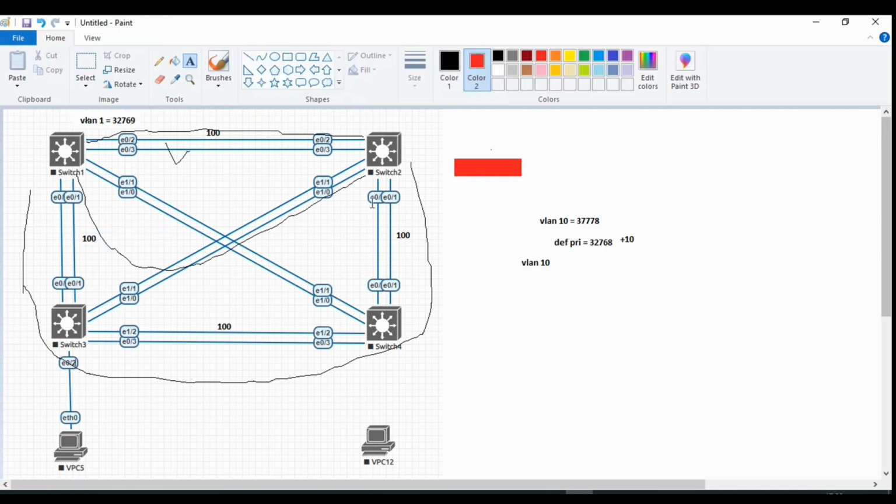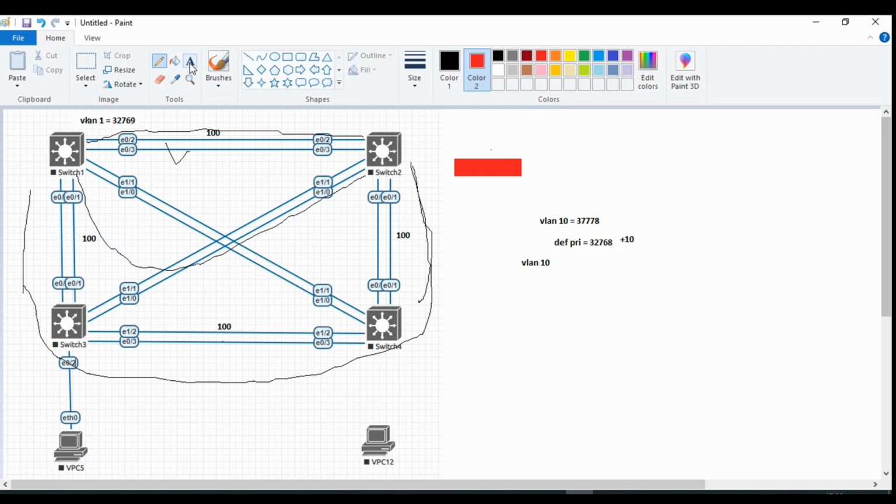As per the Cisco recommendation, to form a root port we need the lowest path cost to the root bridge. If you see, this path is 100, 100, 100.